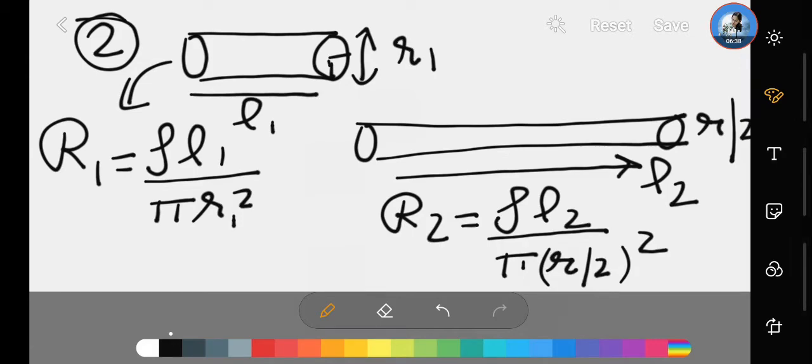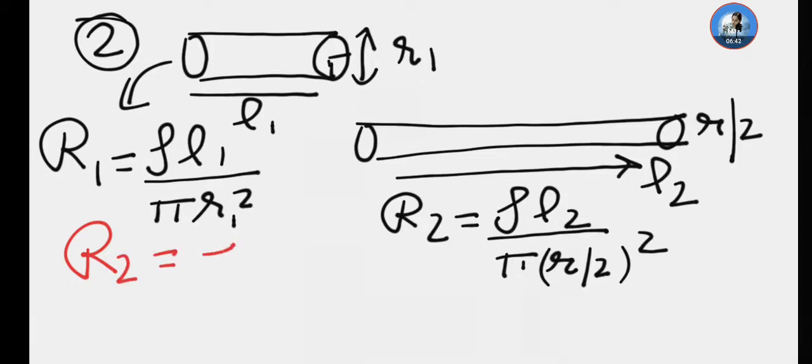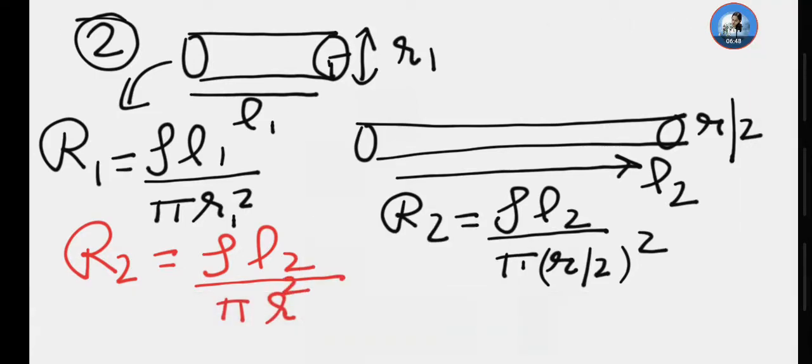So R2 equals rho L2 upon pi R1 square into 4.